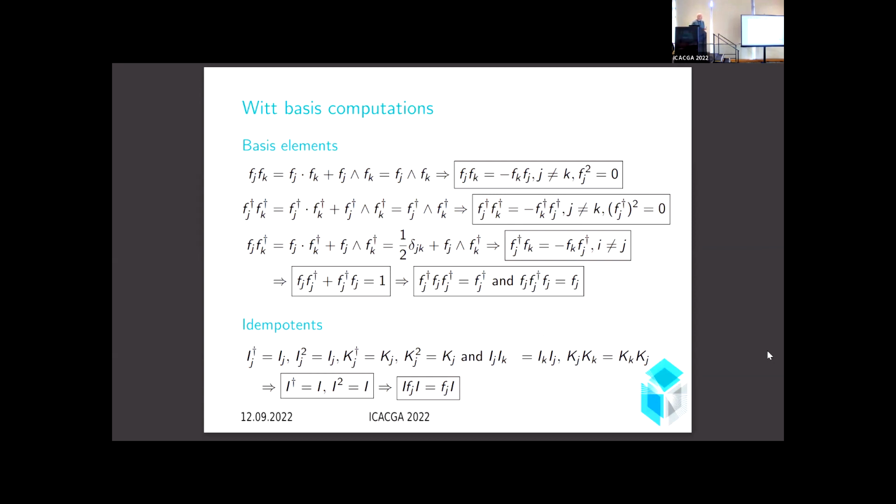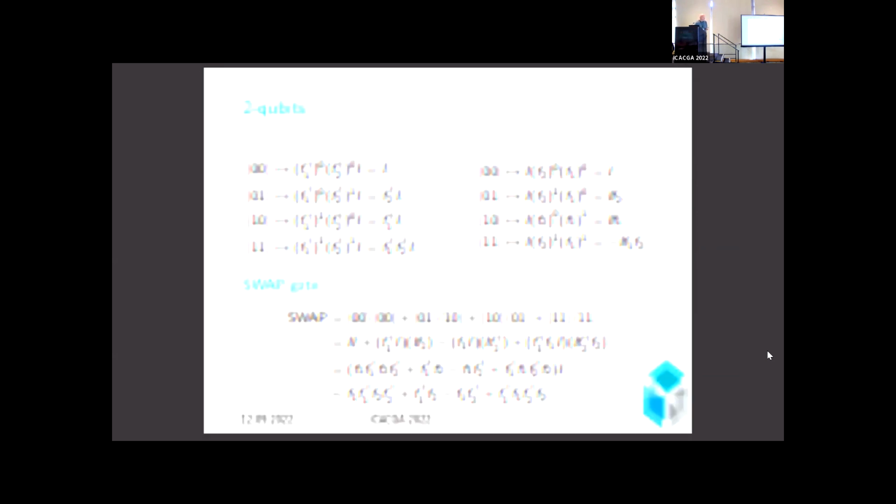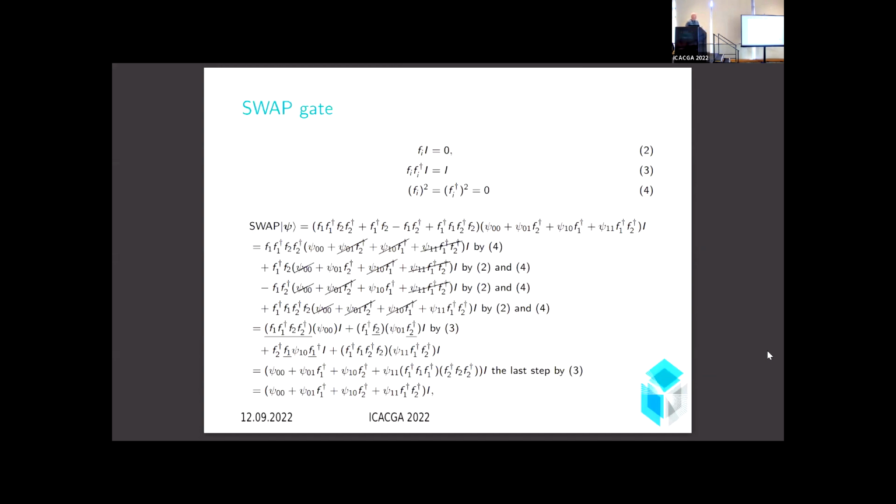But they are written in the bit basis because the bit basis gives us direct identification of the Dirac formalism and our geometric algebra. And this slide is here just to show you that it works. If I need to check some computation, I can do it if I use these identities.